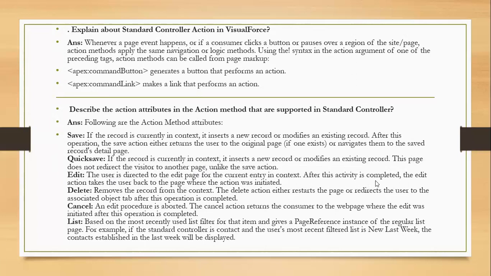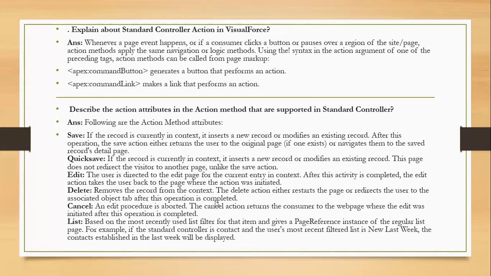After this activity is completed, the edit action takes the user back to the page. Delete: removes the record from the context. The delete action either restarts the page or redirects the user to the associated object tab after the operation is completed.